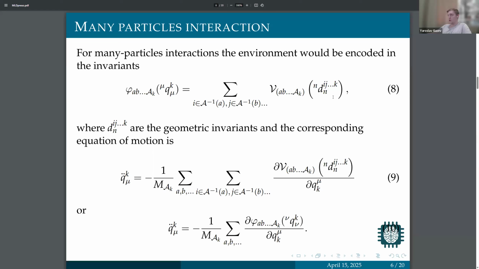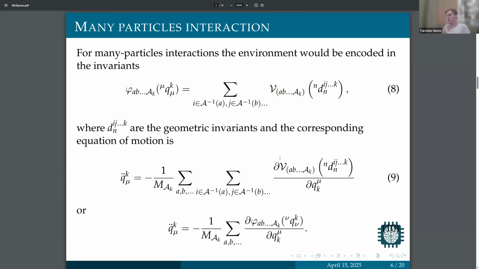And the argument of this complex many-body interaction function would be the different geometric invariants that tell about geometric properties of the interaction.